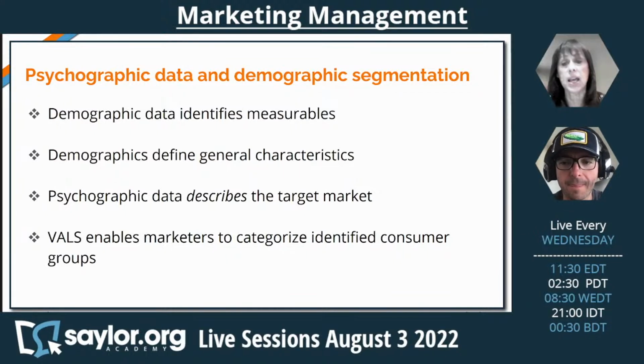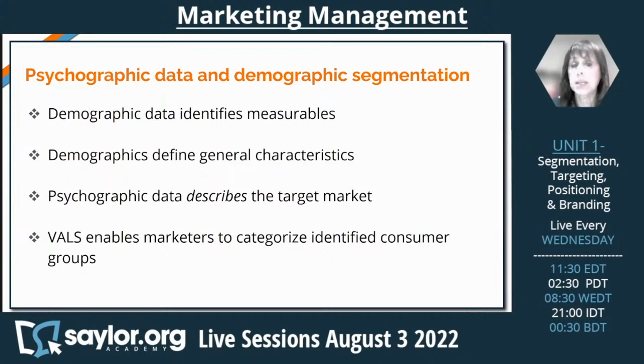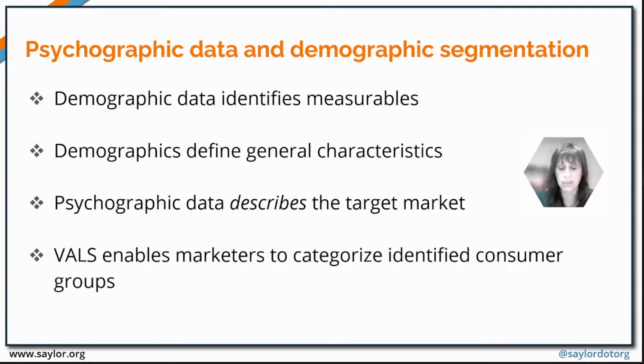Okay. Psychographic data and demographic segmentation. So on the previous slide, we talked about demographic data, which are elements that we can measure and that we can specifically identify. But psychographic data describes a target market. It encompasses things like lifestyles, values, and attitudes of consumer groups, which can't be measured in the same way that demographic data can be measured, but also is very essential for segmentation.